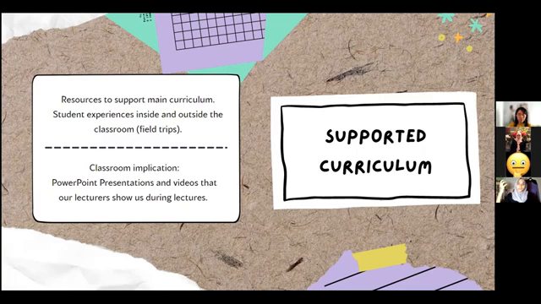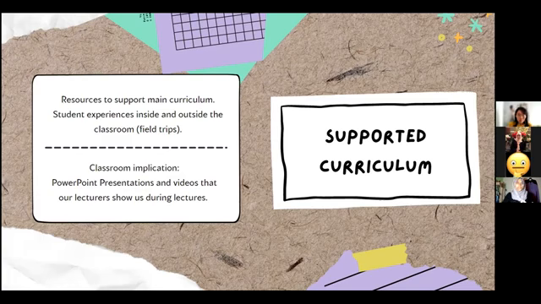And one of the examples is that nowadays, since we're so keen on technology, some teachers feel like including videos or YouTube videos or including games inside the classroom is a must to support what they taught inside the presentation that they showed the students.